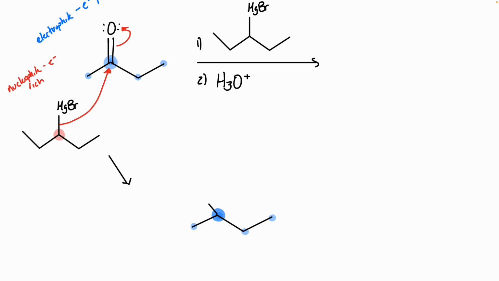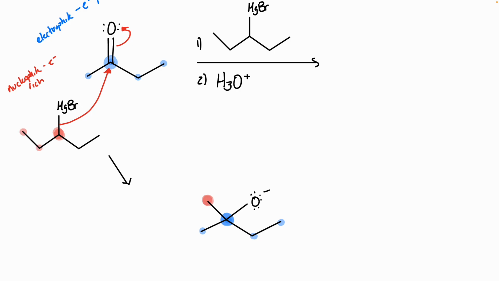I've got 2 bonds to draw. One of them is just to that oxygen. It's now accepted that pair of electrons, so it has that negative charge associated with it. And my other one is necessarily now to that Grignard carbon, right? The carbon that I marked in red in my Grignard is going to be on the other side of that new bond.